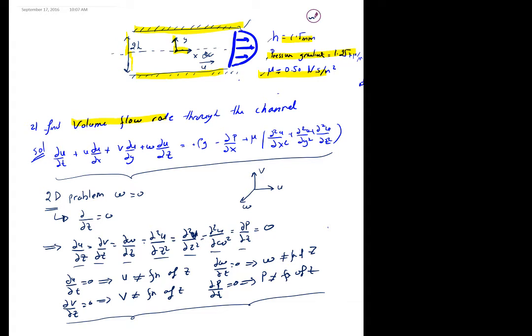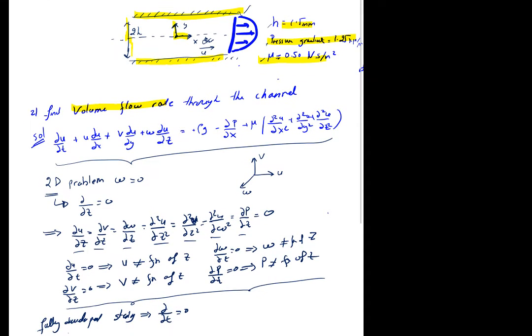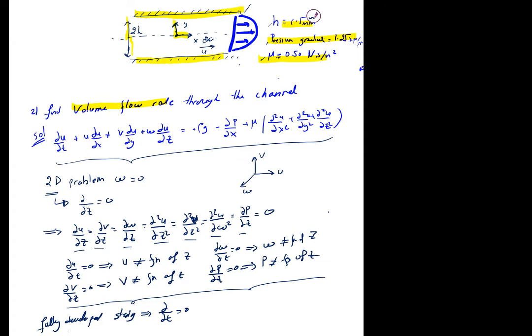Now, the flow is fully developed and it is steady. Steady means all the terms d by dt are equal to 0. Okay, now we will move forward and start solving this problem. So we start solving the x momentum.